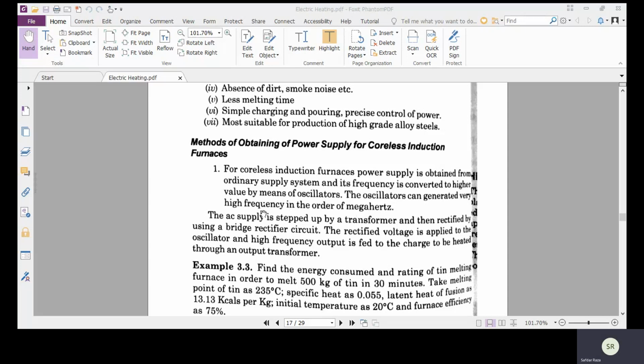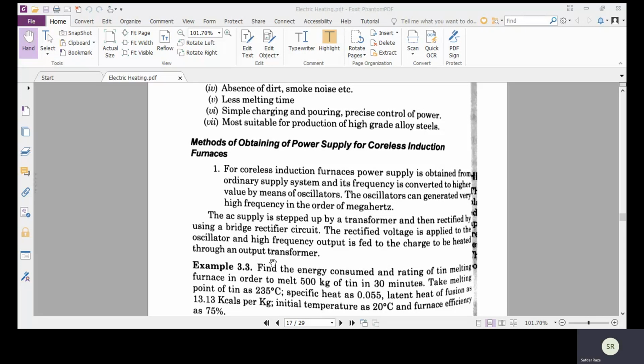So here an oscillator is provided with the coreless induction furnace to regulate the frequency. The AC supply is stepped up by the transformer and then rectified by using a bridge rectifier circuit. The rectified voltage is supplied to the oscillator and high frequency output is fed to the charge to be heated through the output transformer.